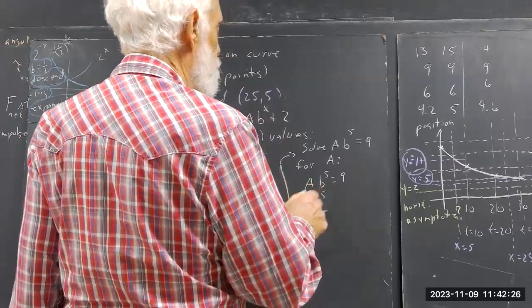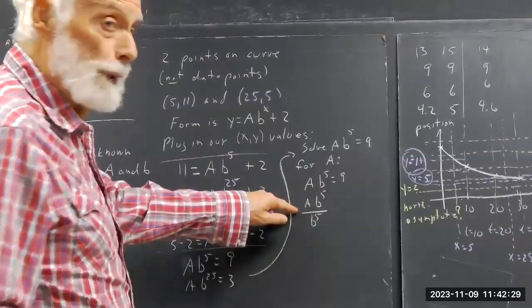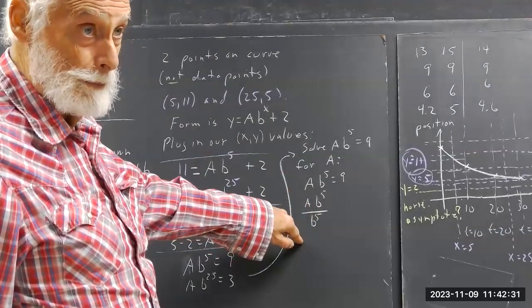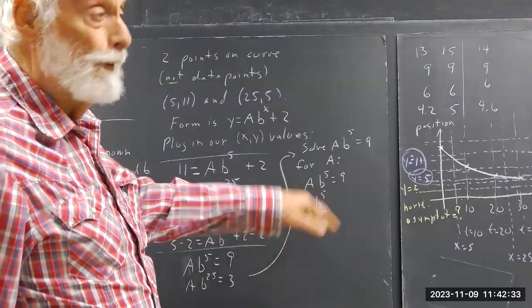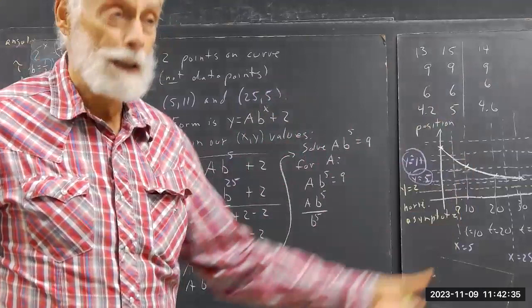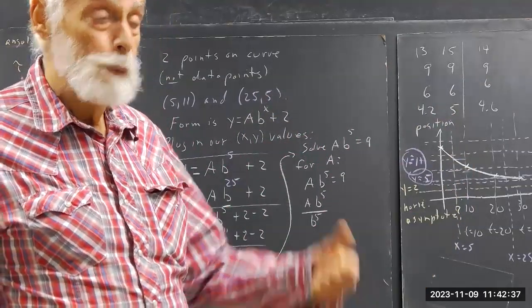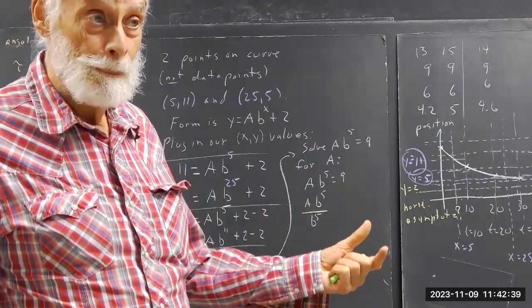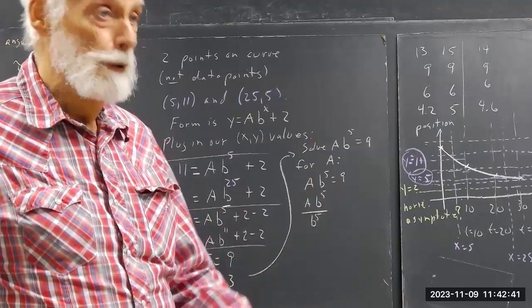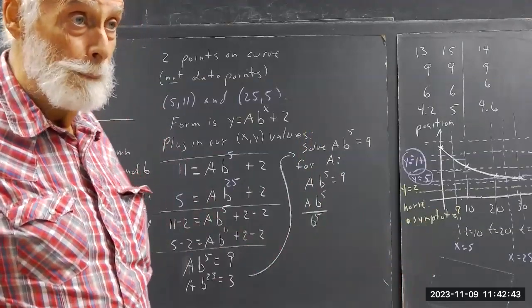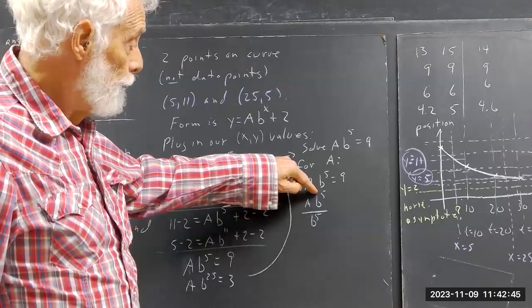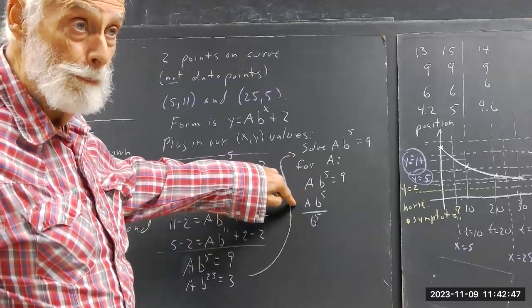how do I get rid of something that's multiplied by something else in a side? I divide by that thing. Like that 3x equals 9. You would divide both sides by 3, right? And the 3 would divide the 3 and leave you with x. Okay, well, the b to the 5th divides b to the 5th and leaves you with a.